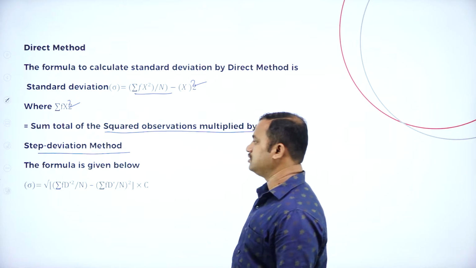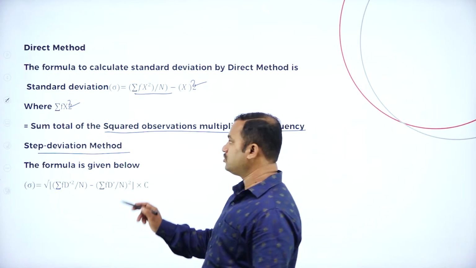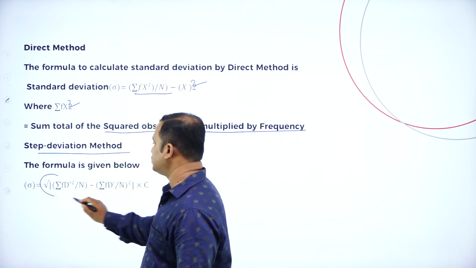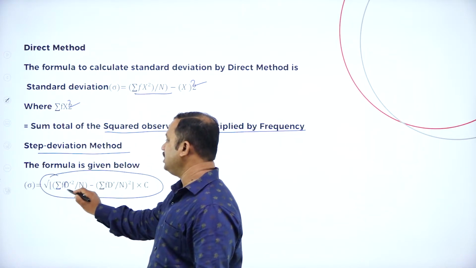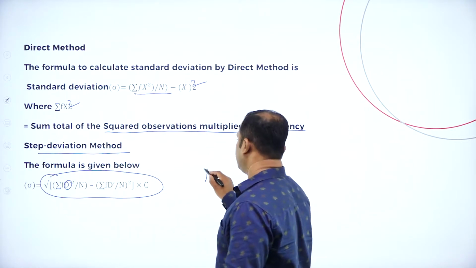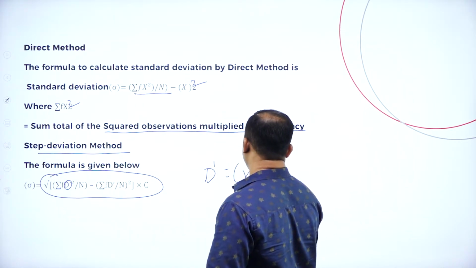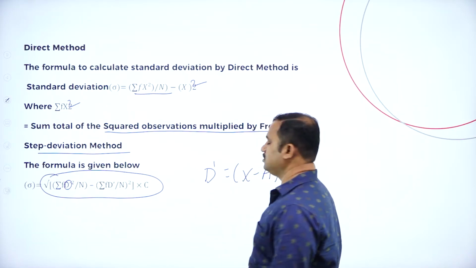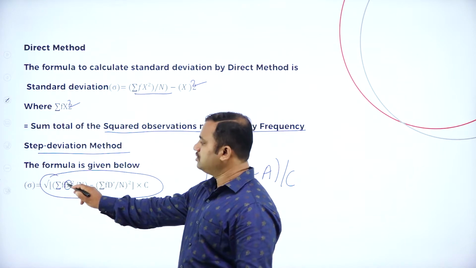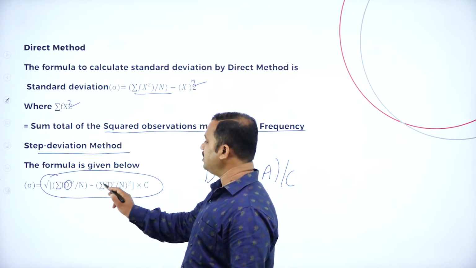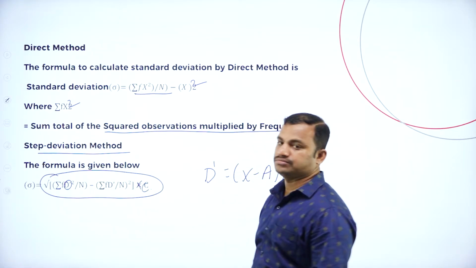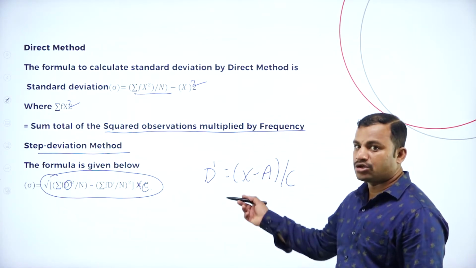For the step deviation method, the formula is the same thing, except instead of d we have d dash, where d dash is equal to x minus a by c. Then summation f into d dash square by n minus summation f into d dash by n whole square, into this term c, that is the common factor.